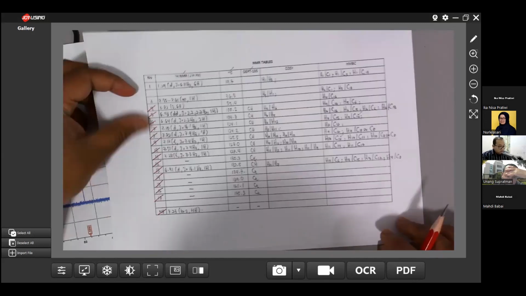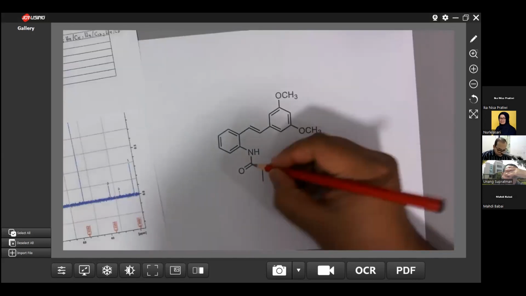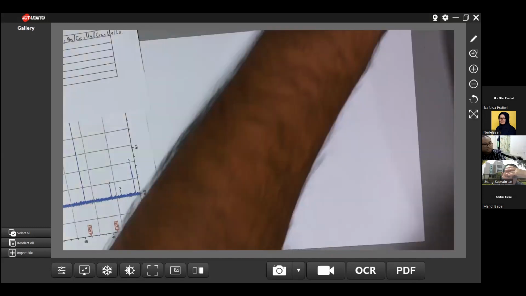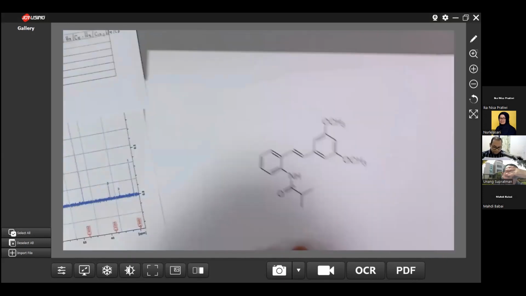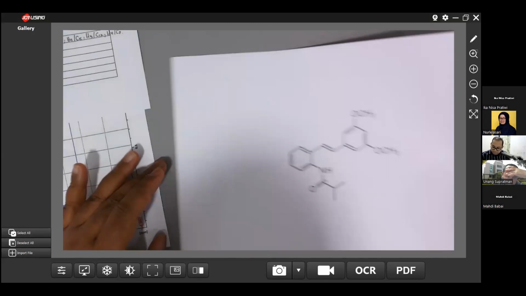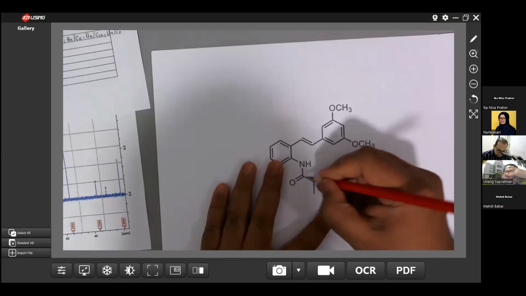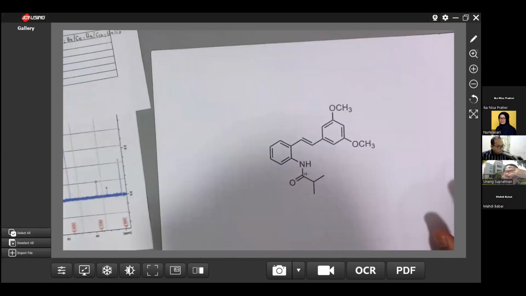Based on this, it is carbon number 17, so write down 17 here. Carbon number 17. Okay, what's next? You have information here.